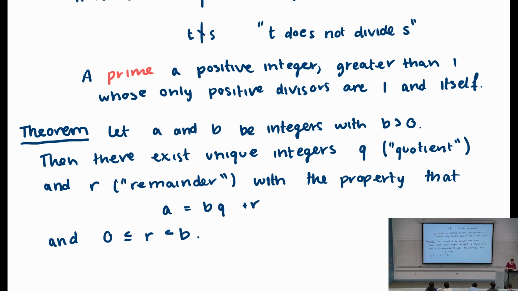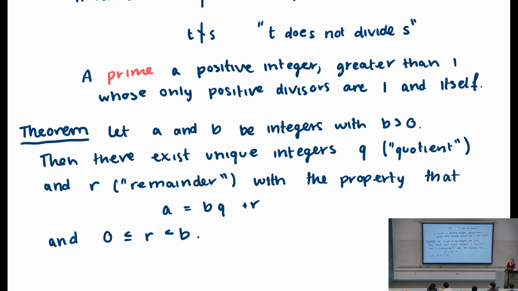Okay, so I'm not going to prove this theorem for the sake of time, but you can find a proof of it in the textbook. But maybe just looking at the statement, you can be convinced of this by recalling the long division algorithm that you may have learned in grade school. If you wanted to divide the number A by B, you would repeatedly subtract off copies of B some number of times.